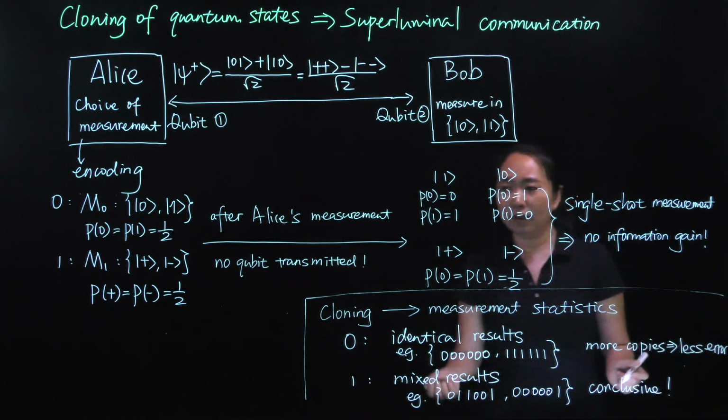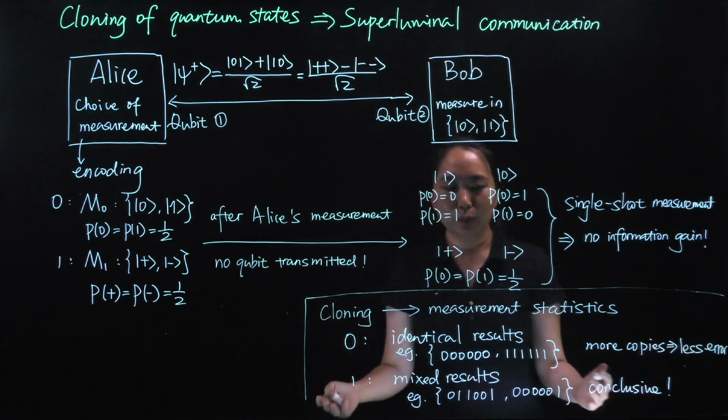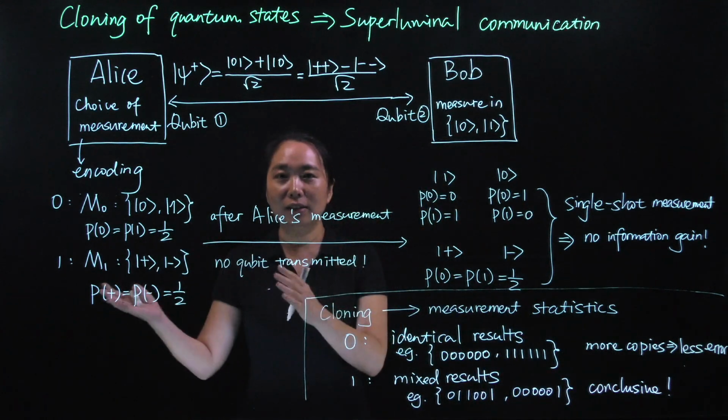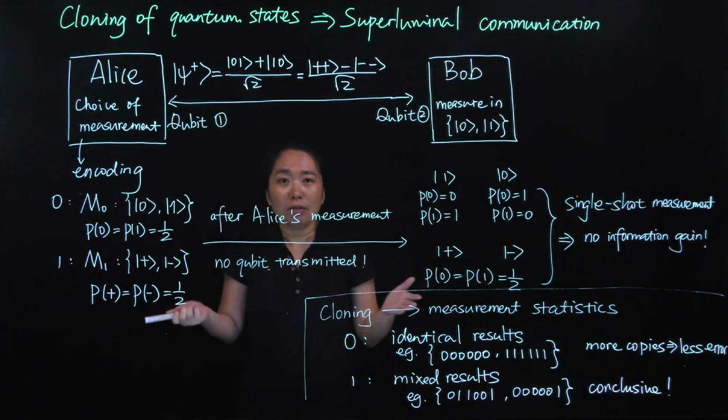Okay, great. Now, Bob has his decoding strategy, which makes use of the measurement statistics to infer Alice's information. So this looks all very nice.